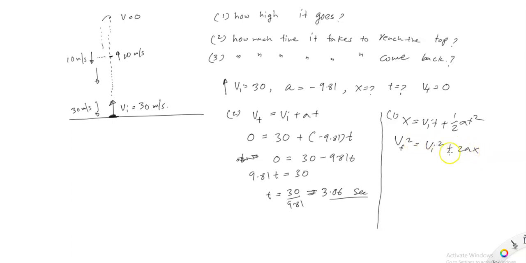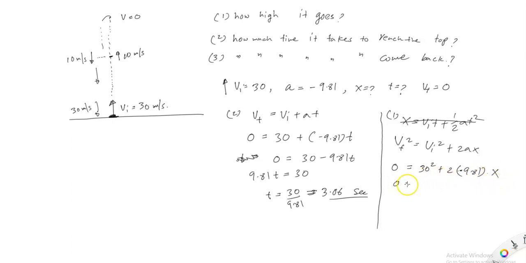I'm actually gonna go with this one. This looks easy in terms of numbers. V final is 0, so I'm not going to use this. V initial 30 squared, 2 times 9.81, which is negative, times x, the distance.